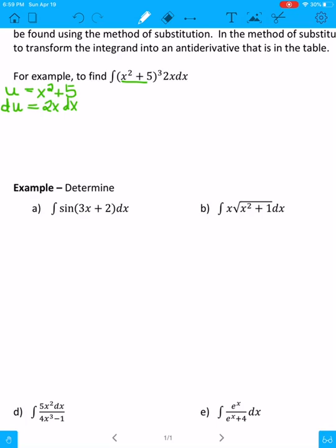Now, before I can do the integral of this, I have to replace everything that's an x with a u at some point. I know that x squared plus 5 is u. U equals x squared plus 5.